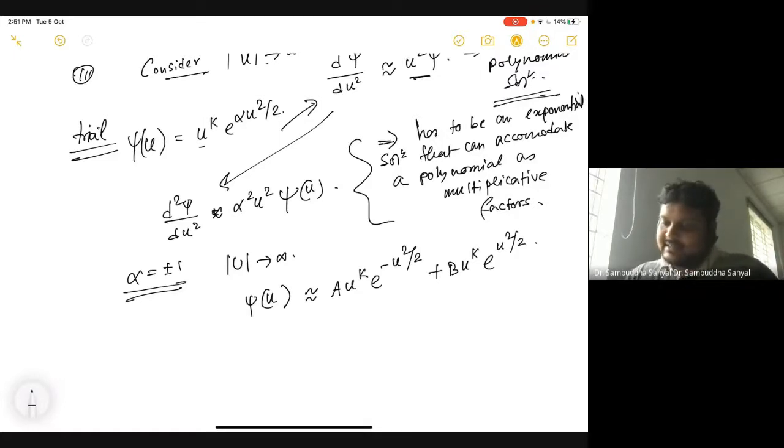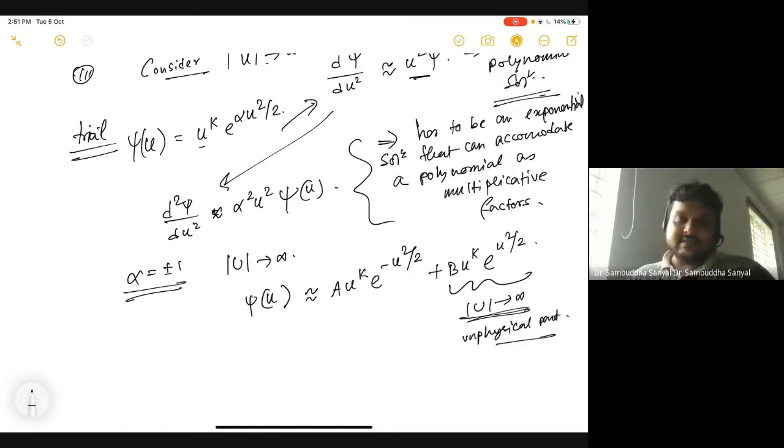Right? But this part cannot be there, because as u goes to infinity, this part is going to blow up either way. So this is an unphysical part because it diverges. So we must say that b is 0.